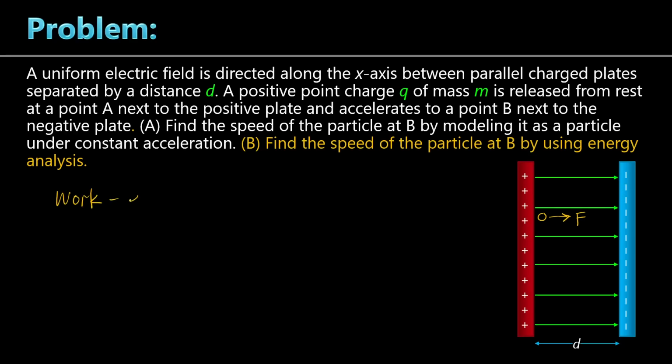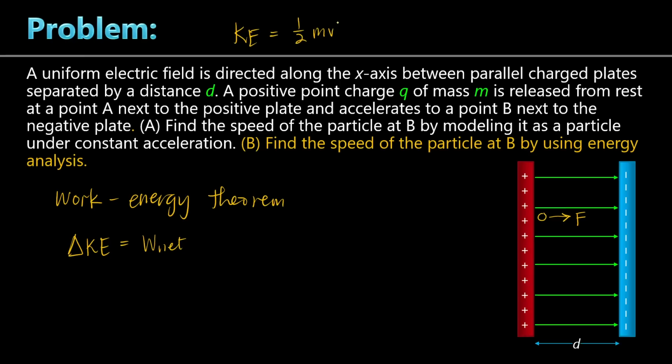Sulat natin dito, work energy theorem, which states that the change in the kinetic energy is equal to the net work done. Ano ba ang formula ng kinetic energy? We know that the kinetic energy is equal to 1/2 mv squared. So, since yan ay change, dapat final minus initial.